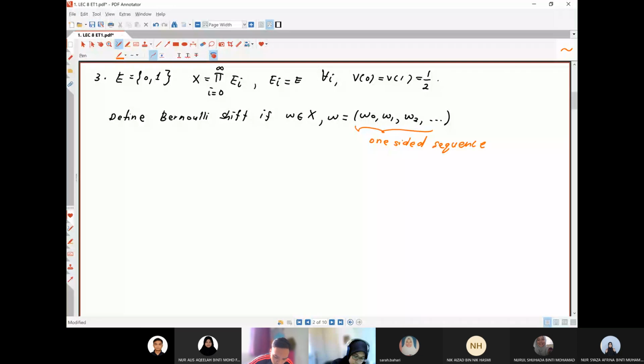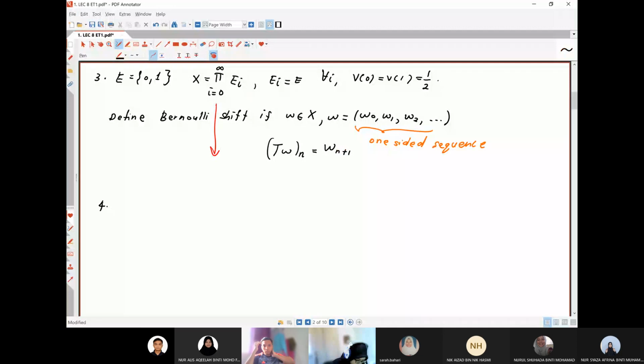This X actually is not a one-to-one correspondence. I will explain later. So this one we have the transformation T applied on omega, the n-th entry is equal to omega n plus 1.